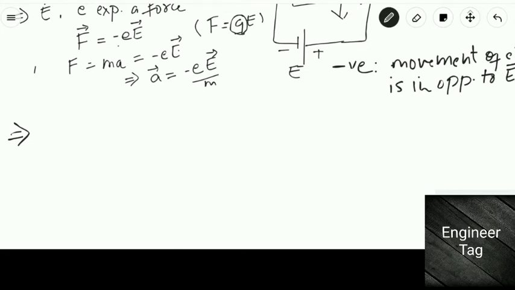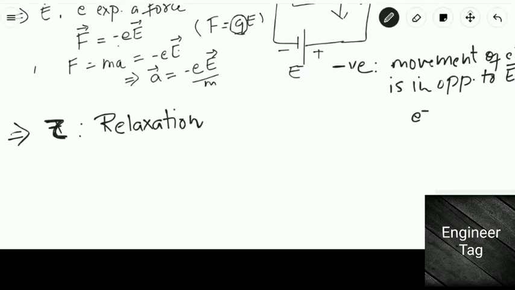As electrons are moving, there will be collisions between electrons. So the time between two successive collisions is termed as your relaxation time, that is tau. We have given in the assumption that the relaxation time is the time between two successive collisions of electrons.